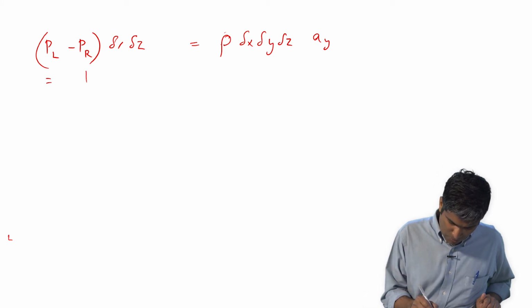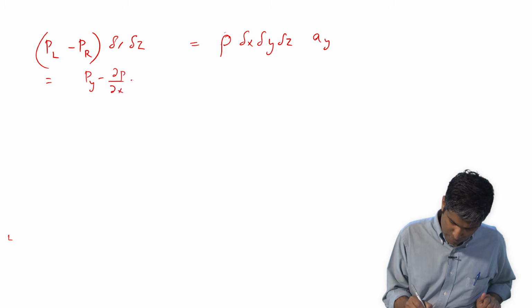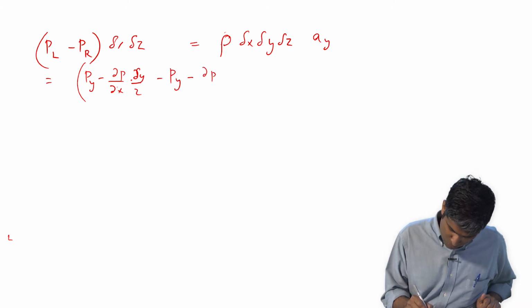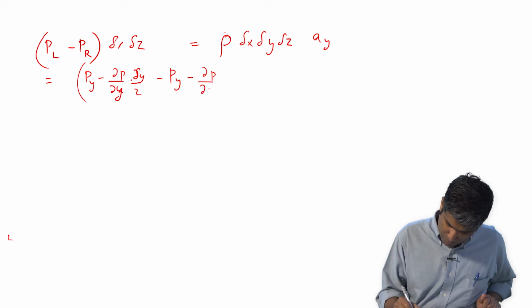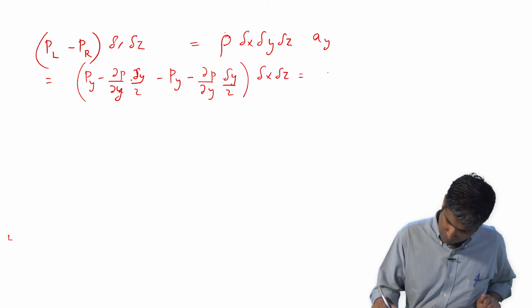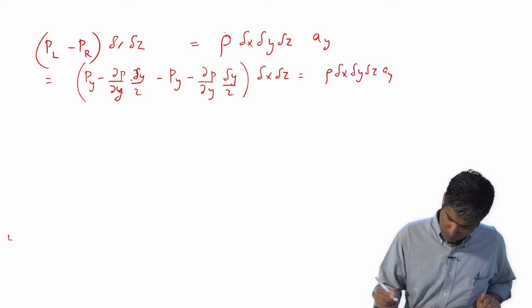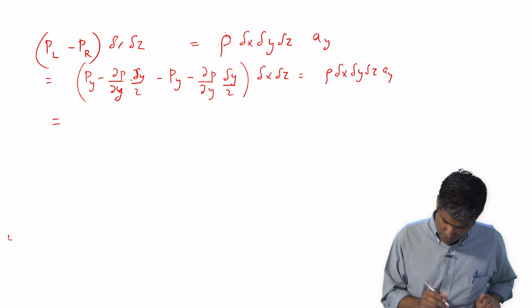So that is P minus del P del y times delta y by 2 minus P plus del P del y times delta y by 2. And so my pressure itself cancels out.